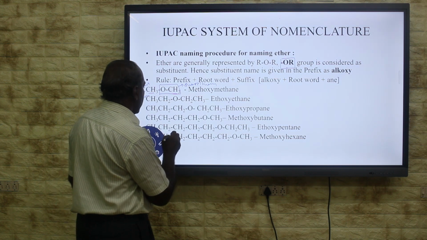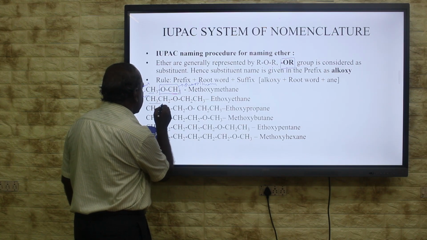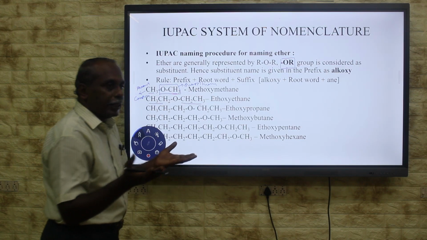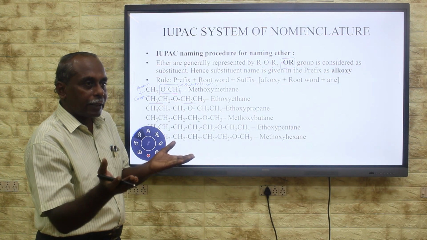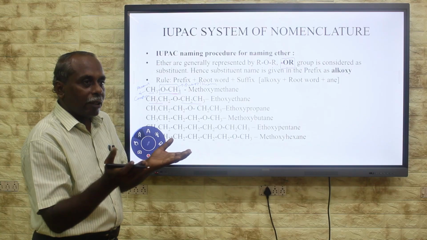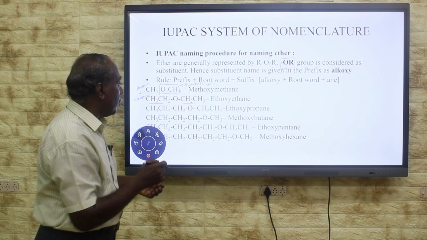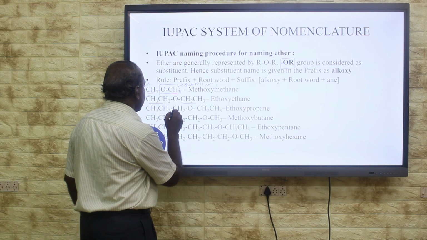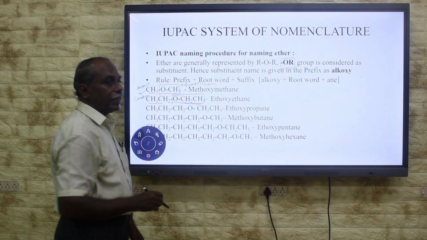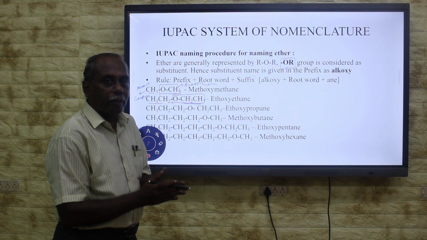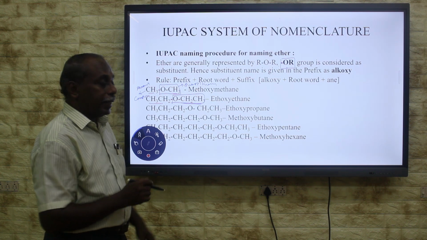Next, you come to the second one. Here also, both sides have an equal number of carbon atoms: either side of the oxygen has 2 carbon atoms. Therefore, any one may be combined with the oxygen. The ethyl group combined with the oxygen gives ethoxy. So it is ethoxyethane.